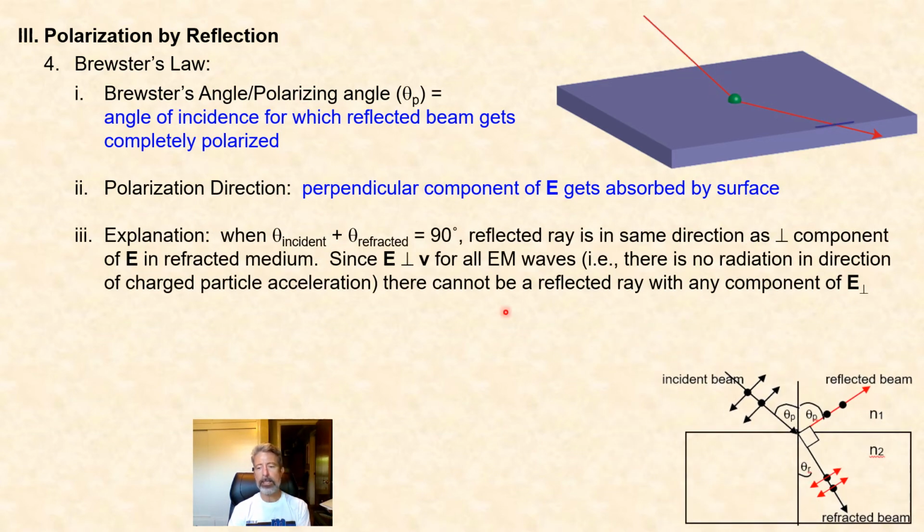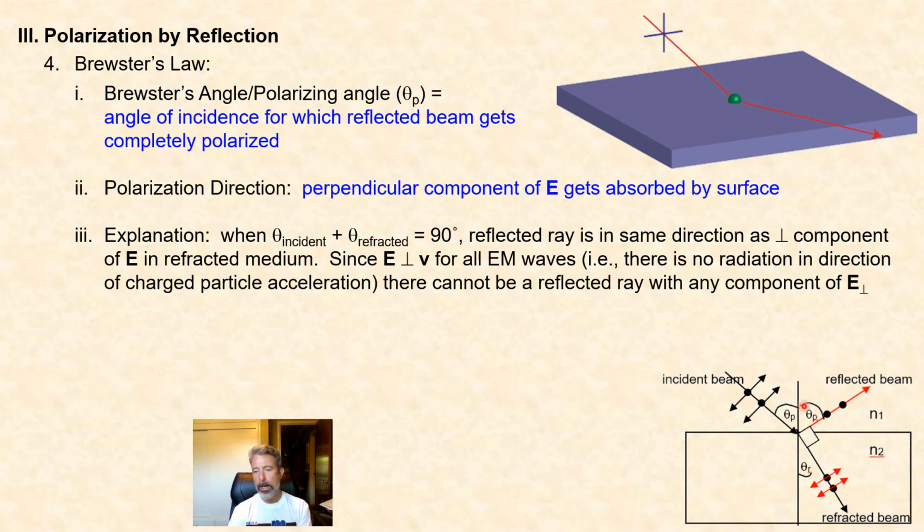Let's try to explain why this is the case, why we get plane polarized light for this special angle. We've got to do a little bit of geometry here. When the incident angle, which we call the polarizing angle, plus the angle of refraction is 90 degrees, and remember, this angle of incidence theta sub p is also equal to the angle of reflection, that's the law of reflection.